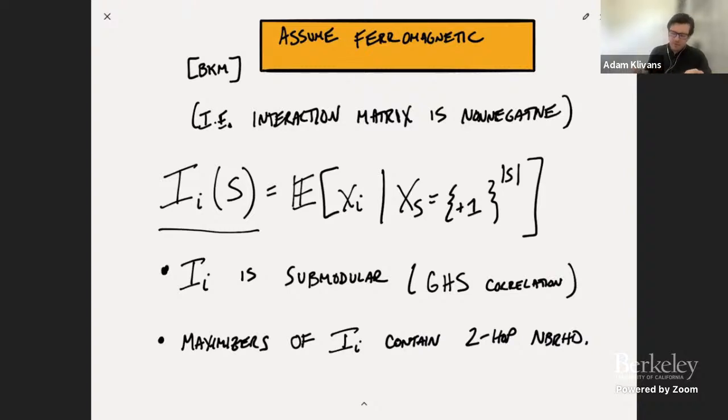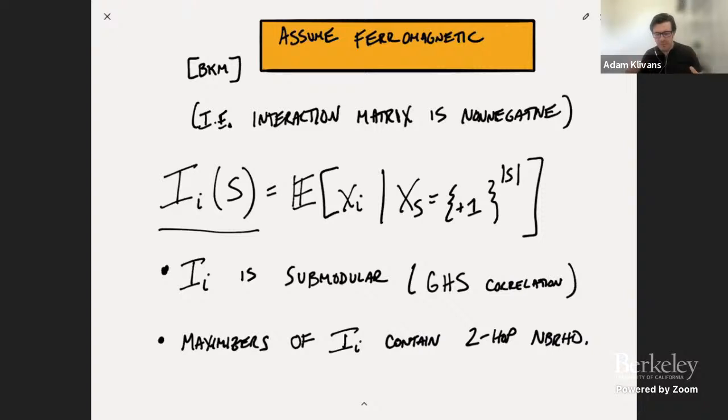And what they proved in their paper, using the Griffiths-Hurst-Sherman correlation inequality, is that this discrete influence function is submodular. And furthermore, the maximizers of this discrete influence function actually contain the two-hop neighborhood of any vertex i.